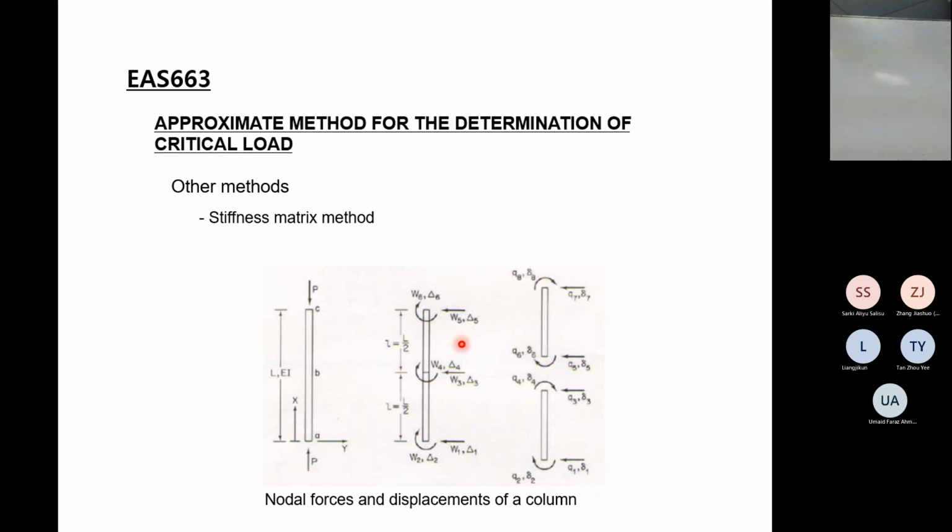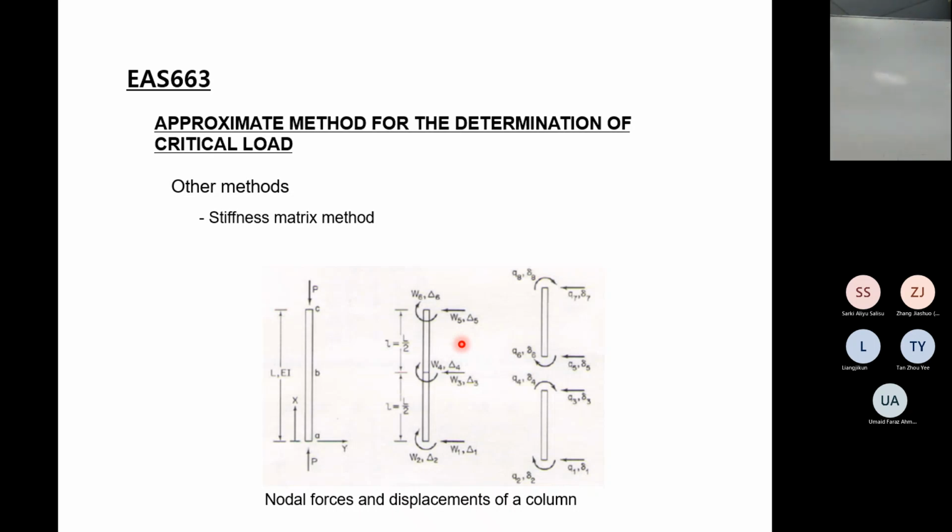Now we break down into element. So when we break down into elements, then each of the element also has the element force, nodal force, which is representing with small letter now Q1 for forces, Q2 for moment. Then next at the other end, Q3 for forces again, and then Q4 for moment at the other end. The same thing for the displacement. Delta 1 is for nodal displacement of the element at this node.